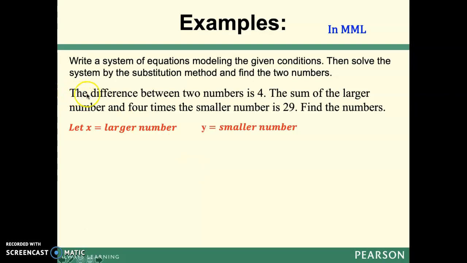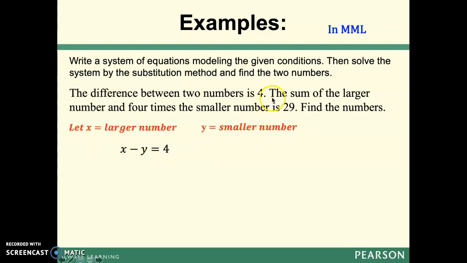Now let's go back to this. The difference of two numbers is 4. Since it's positive 4, that's got to be the larger number subtract the smaller number. If this had said negative 4, it would be the smaller number subtract the larger number. So since it's positive, it's going to be the larger number subtract the smaller number equals 4.